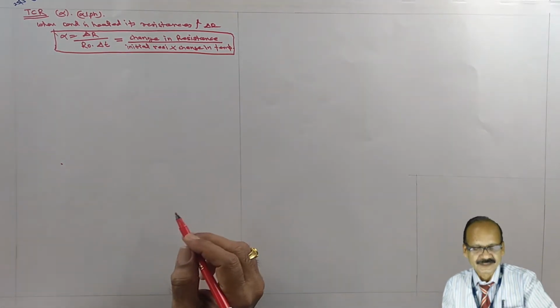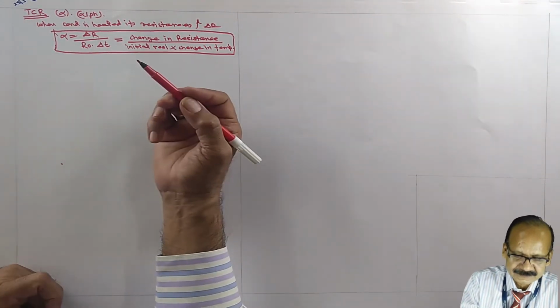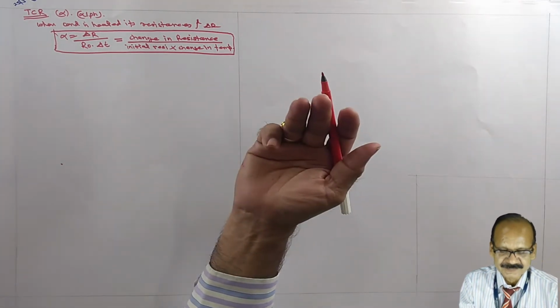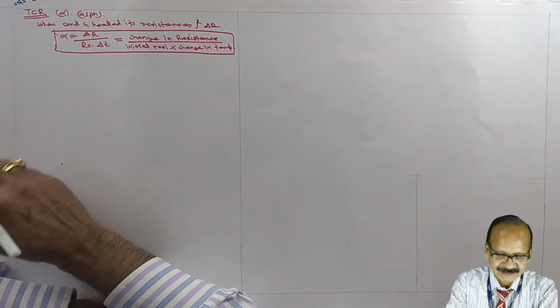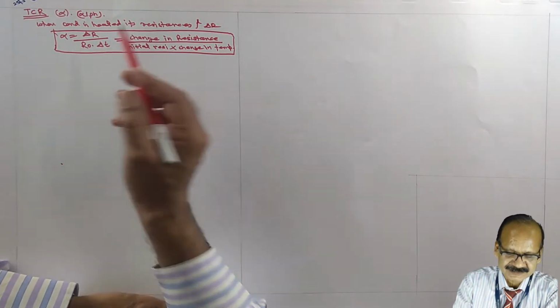Thus the temperature coefficient of resistance can be defined as the change in resistance per ohm of initial resistance per degree centigrade change in temperature.